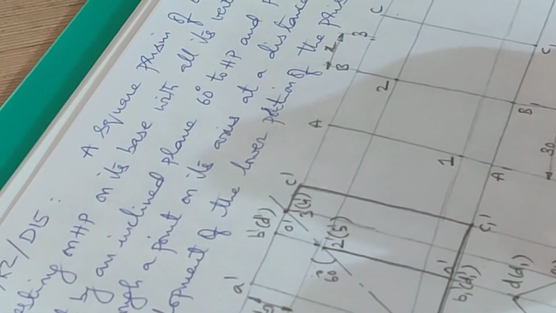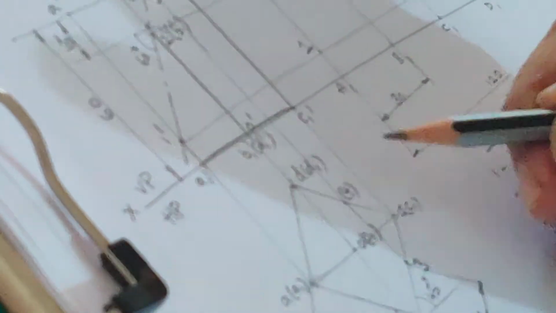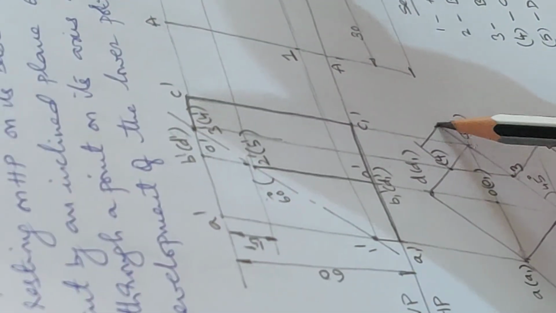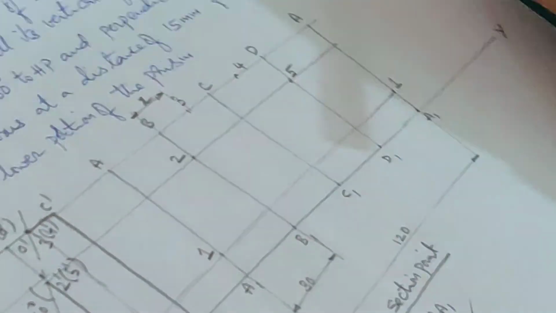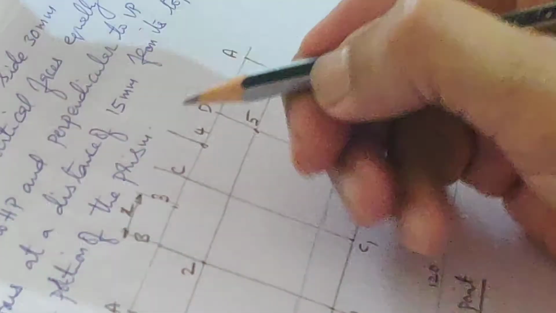Similarly 4. 4 is on CD. You have CD here. And this is the distance of 4 from C. Let us say this distance is some y. Mark this distance y from C. This is 4.